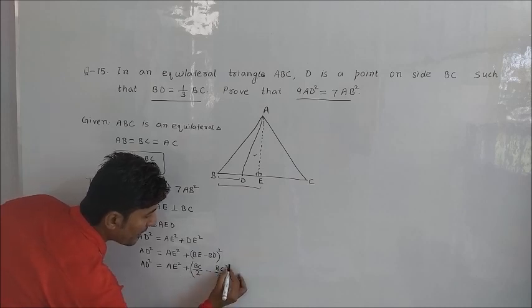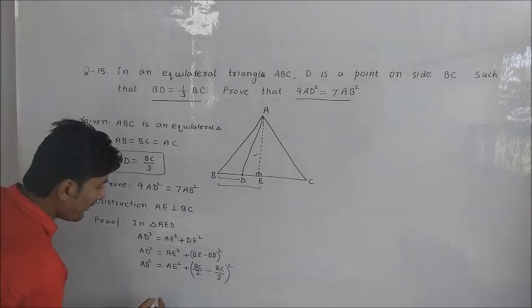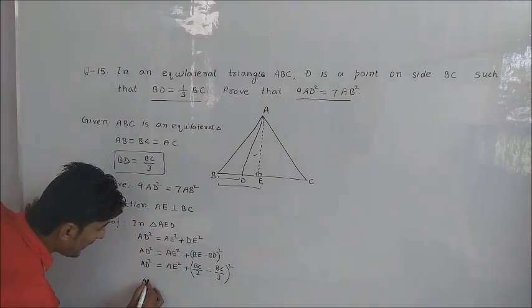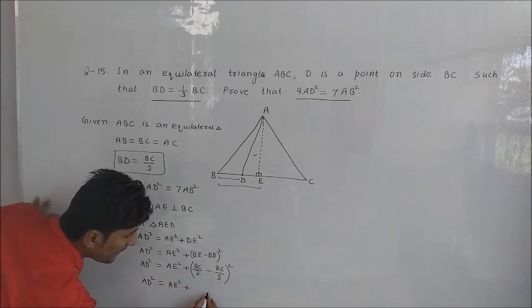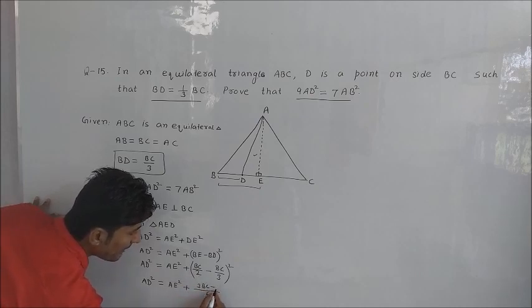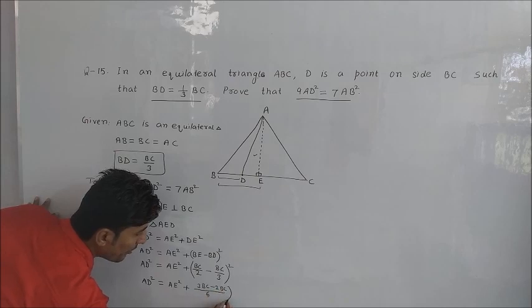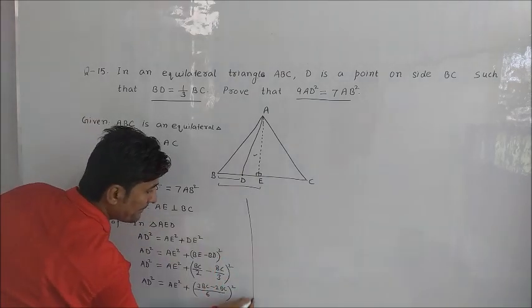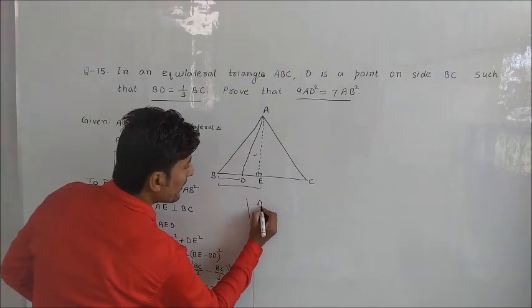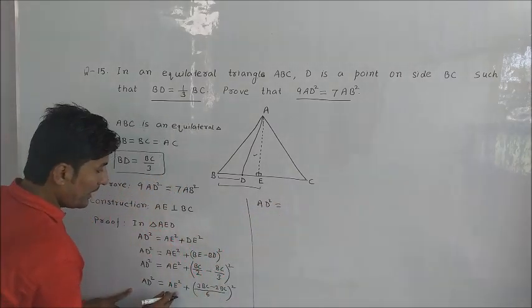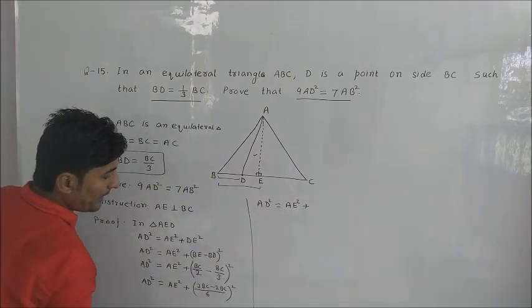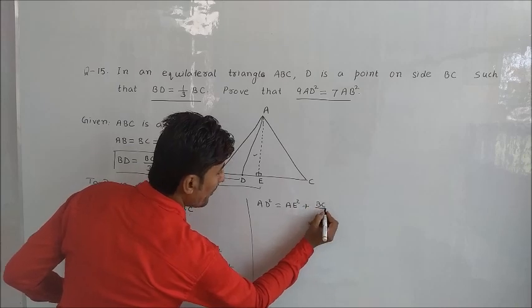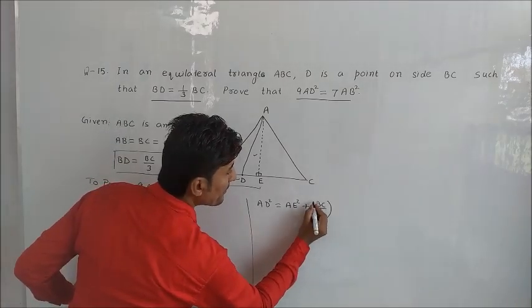The whole square is there, so we can write the whole square also. After that we can find the LCM of both, and then we can find the sum. AE square plus, now here 2 and 3, the LCM will be 6, so we can write 3BC minus 2BC, whole square. AD square will remain the same, equals to AE square plus 3BC minus 2BC, which is BC upon 6 whole square.